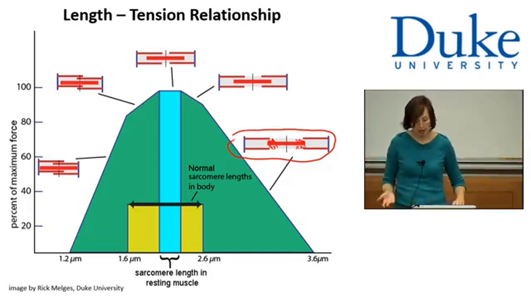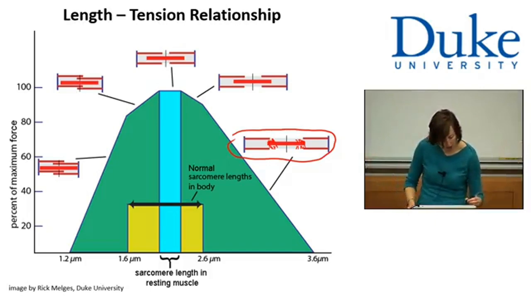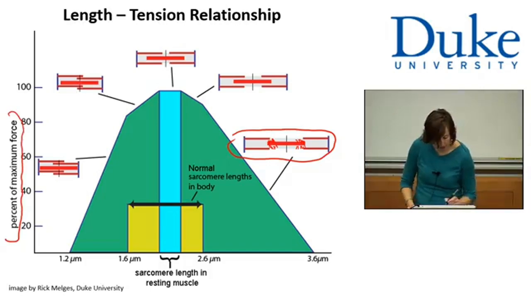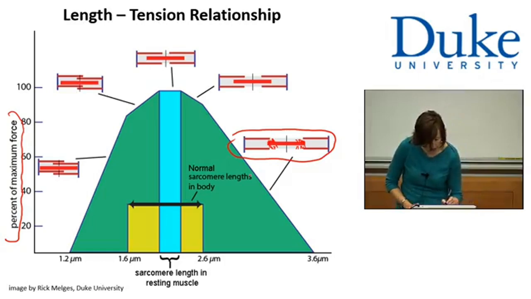And as a result, as you can see on this graph, that means that the percent of maximum force that can be formed when the sarcomeres are in this state is low.